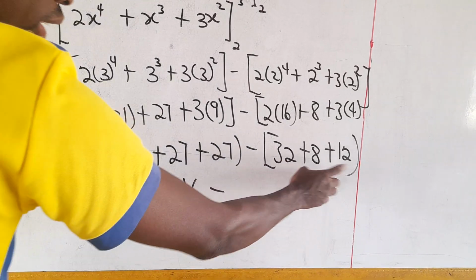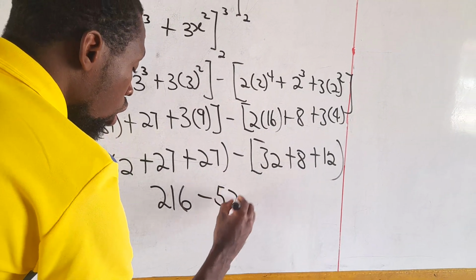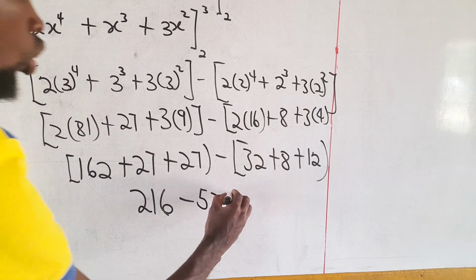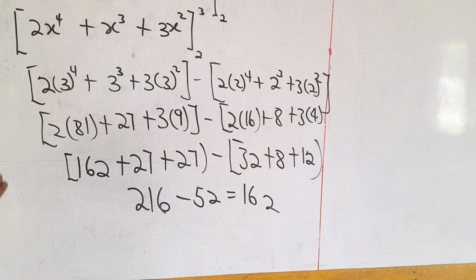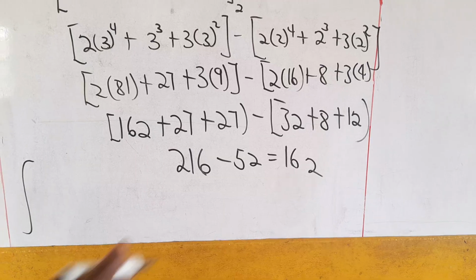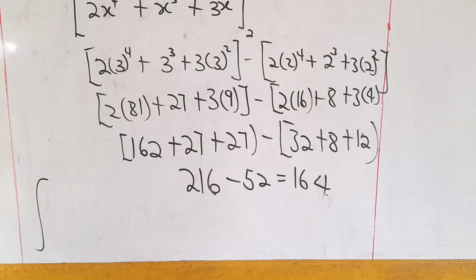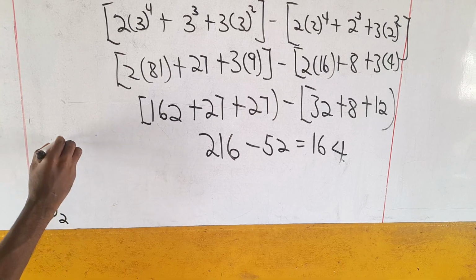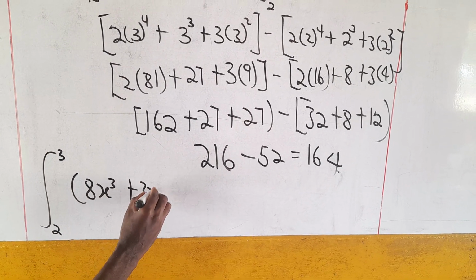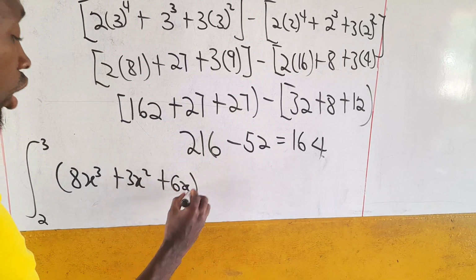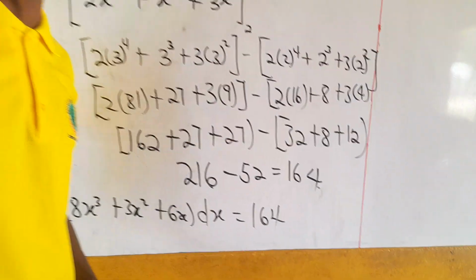Then minus 32 plus 8 plus 12. 32 plus 8 is 40 plus 12, that will be 52. So 216 minus 52 will give us 164. See, 6 minus 2 is 4. So we said the integral spanning from 2 to 3 of the function 8x cubed plus 3x squared plus 6x dx is actually 164. I hope you get that.